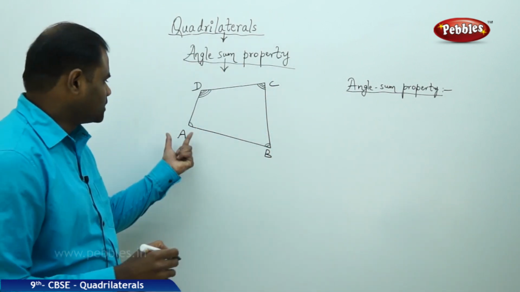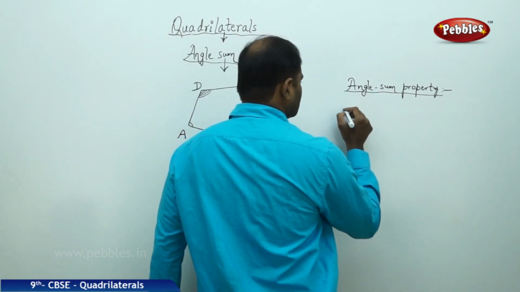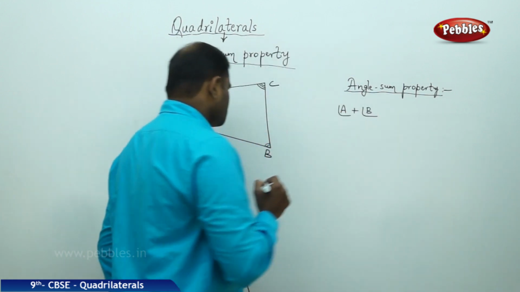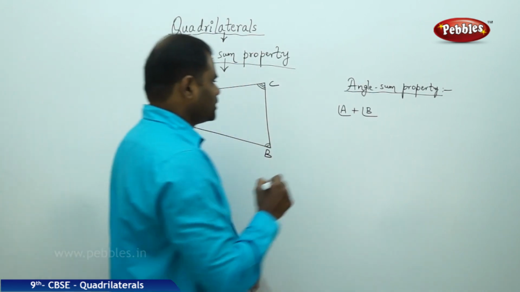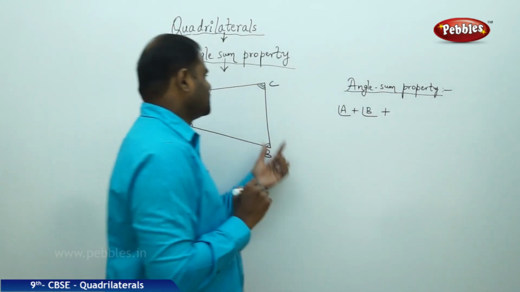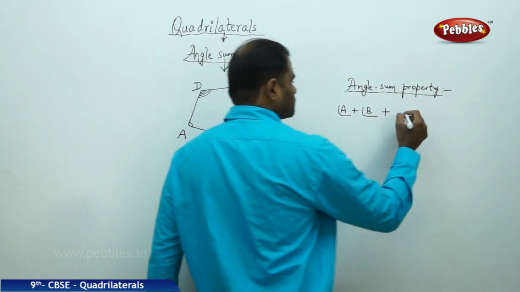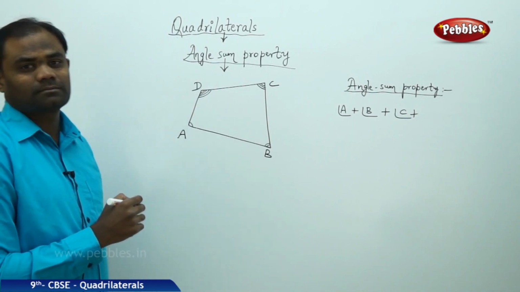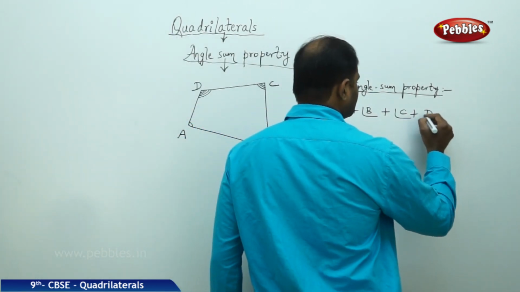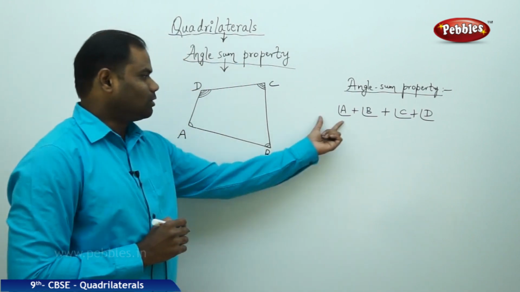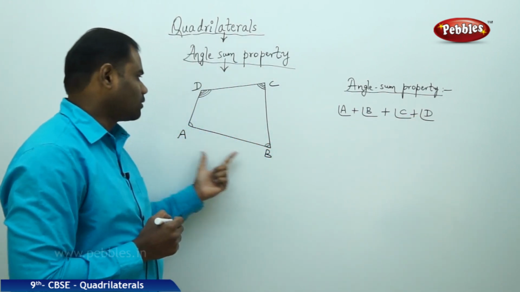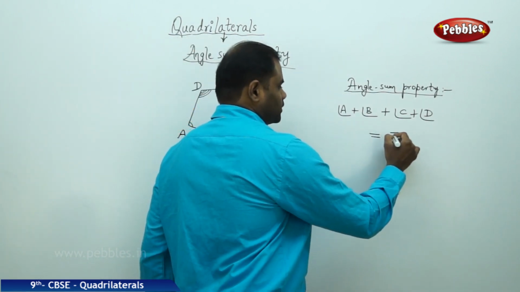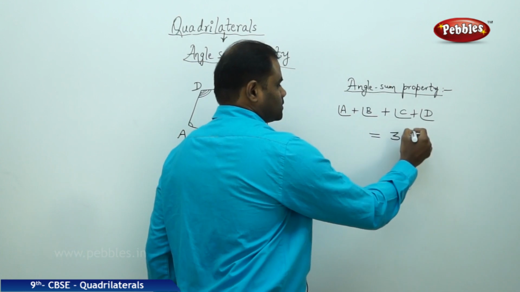Angle sum property says my angle A plus my second angle B plus my third angle C plus my fourth angle D, which is called the sum of all the four angles of a quadrilateral, is equal to 360 degrees.